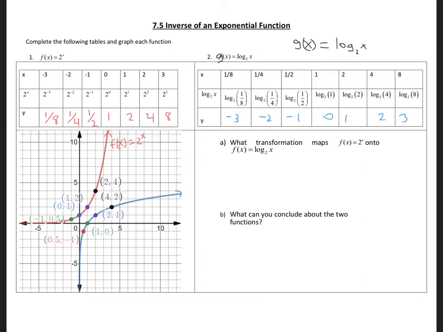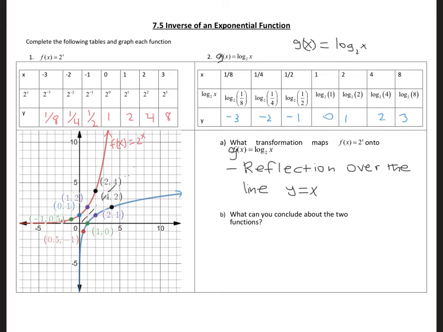So now, looking at the two functions, I can see there is a relationship. I can see the transformation is a reflection over the line y equals x, and you can see it right here.